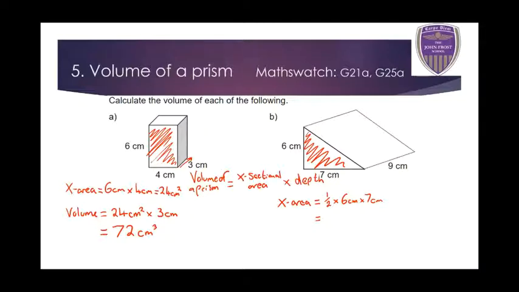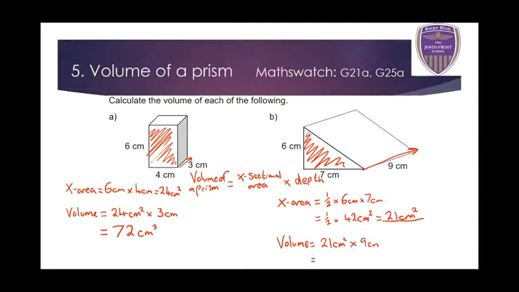Okay, 6 times 7 is 42, so we're going to do a half times 42 centimeters squared. A half times 42 equals 21 centimeters squared. Okay, so this is our cross-sectional area. Therefore, the final step, volume equals the cross-sectional area, which is 21 centimeters squared, times by the depth, which in this case is 9 centimeters.